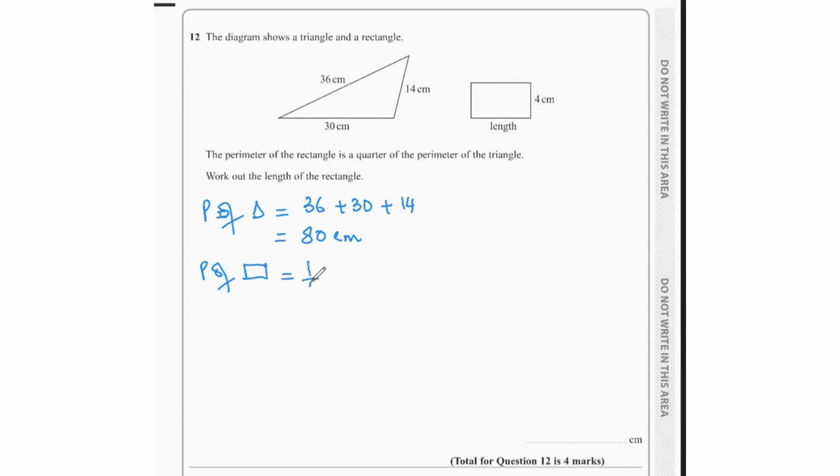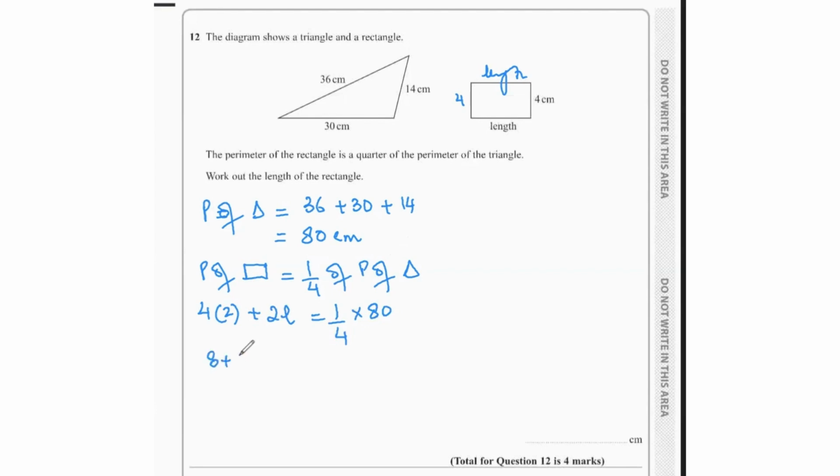Perimeter of the rectangle is 1/4 of the perimeter of the triangle. So perimeter of the rectangle is 4 plus 4 for the 2 fours, plus 2 lengths. Let's call this 2L, which equals 1/4 of 80.